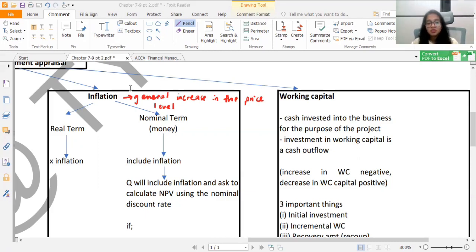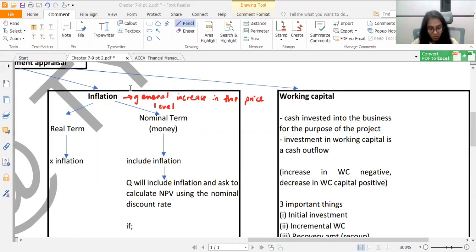Number one, you must know what the inflation rates given are, because the logic is, guys, when we are doing the FM paper, we are trying to generalize it, to make it more practical, more applicable, more relevant to your day-to-day lifestyle.